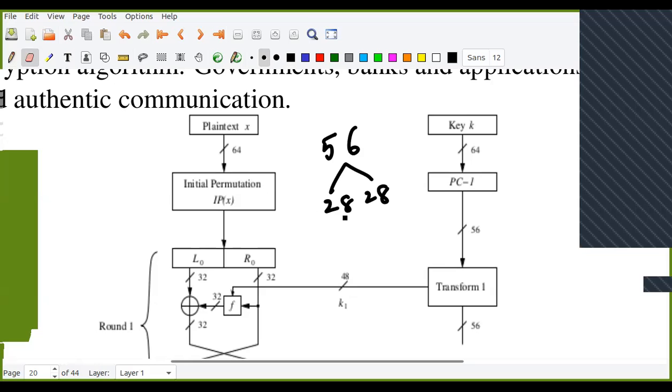You know what a left shift means? See, you have 1, 2, 3. What is the left shift of it? 2, 3, 1. We did this in cyclic codes, right?